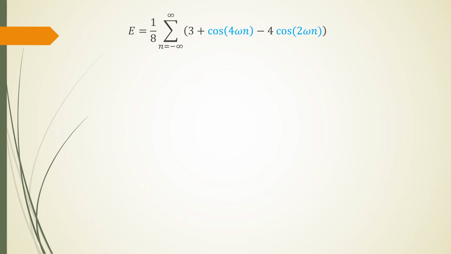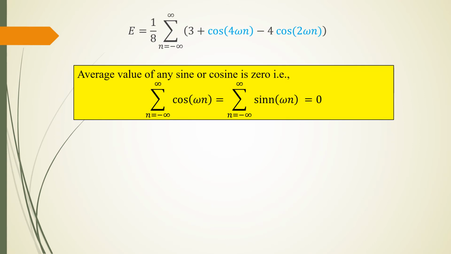Note that there are these cos 4 omega n and cos 2 omega n terms here, and it is summed from minus infinity to plus infinity. There is another tip here. To simplify such expressions, the average value of any sine or cosine is 0. So any summation or integration between minus infinity and infinity, whether it's a cosine or a sine, the value will be 0.